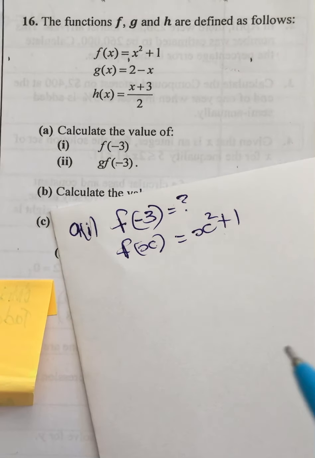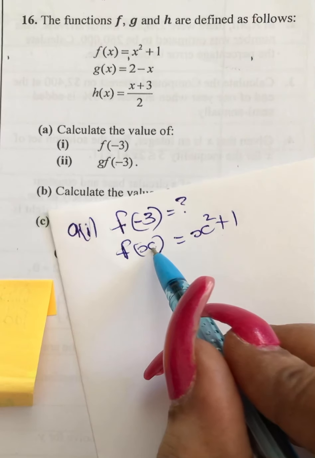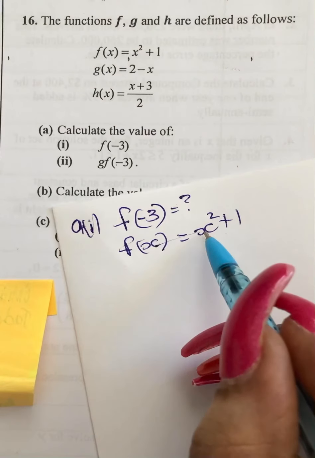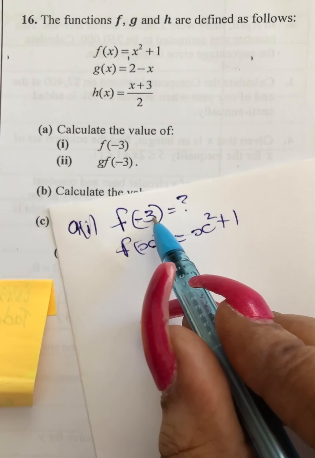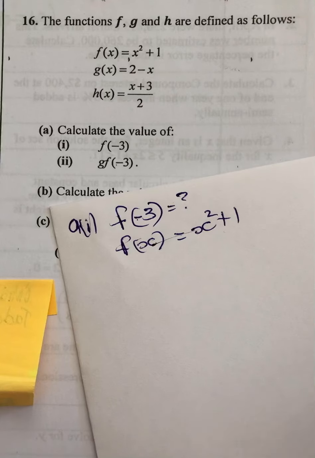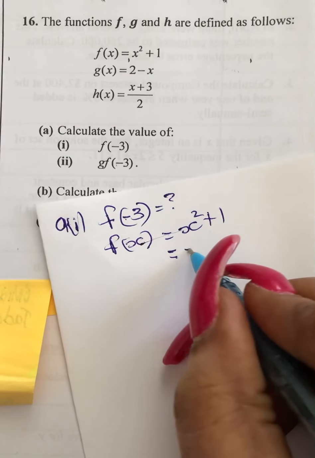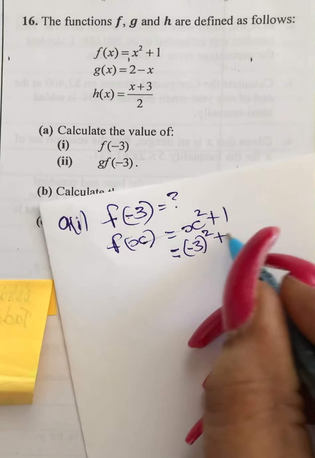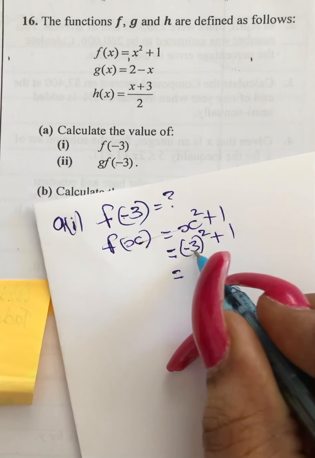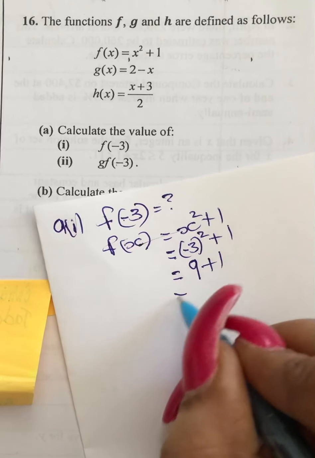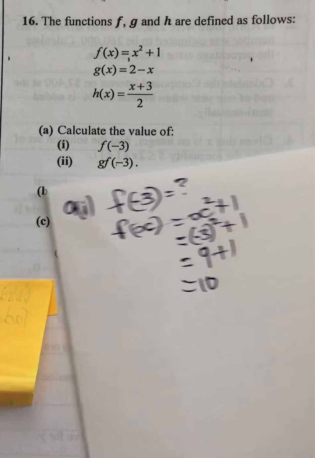What we basically do is, where we see the letter x in this entire function, we replace x with -3. Once we replace, we then simplify. Once we simplify, that's our answer. So we replace -3. -3 by -3 gives +9. We know that 9 plus 1 is 10.